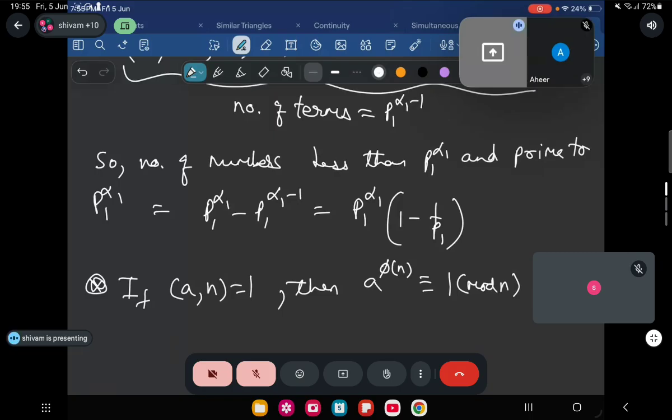Exactly, they just have to be coprime. Also, you can derive Fermat's Little theorem from Euler's theorem only.